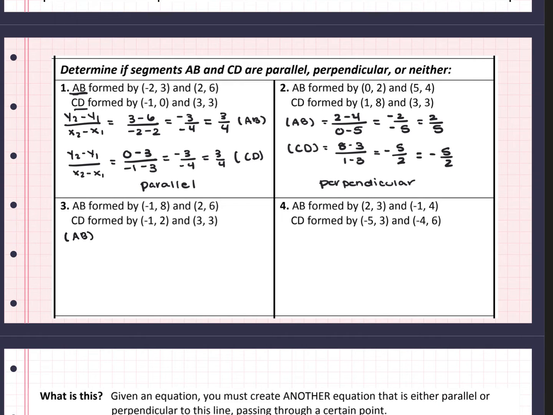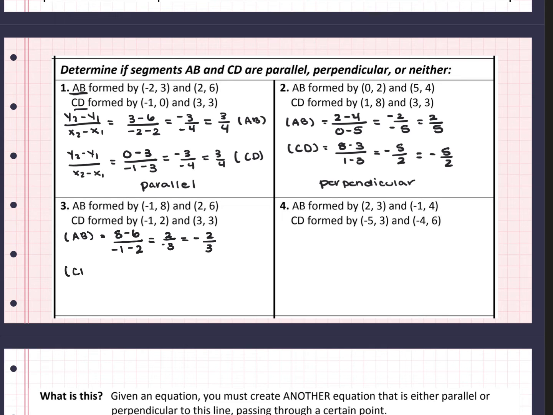So I have 8 minus 6 over -1 minus 2, which gives me 2 over -3, which just gives me the fraction of -2 over 3.